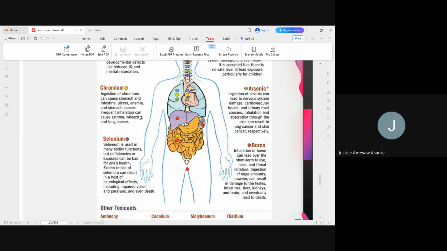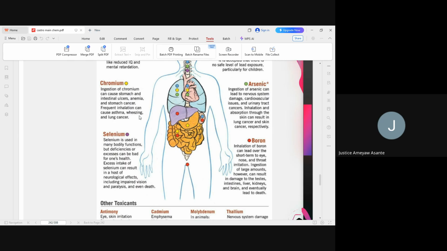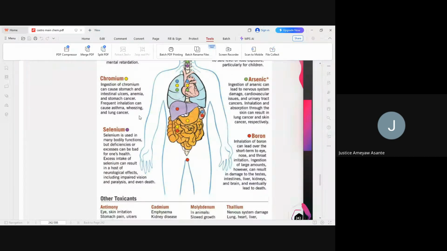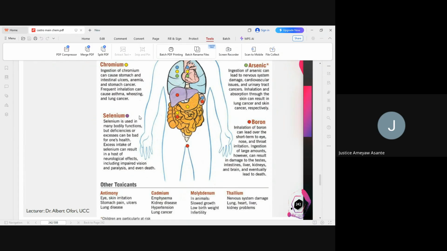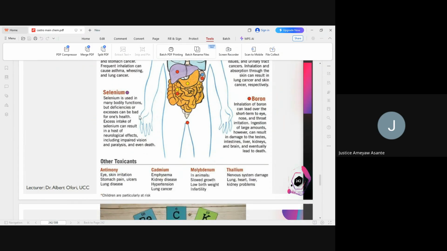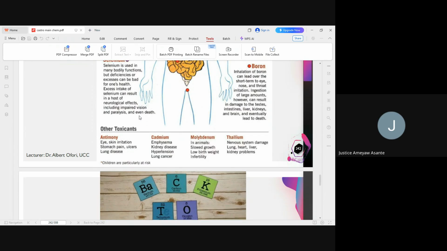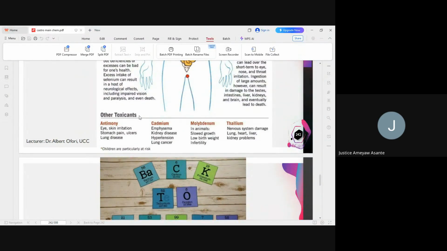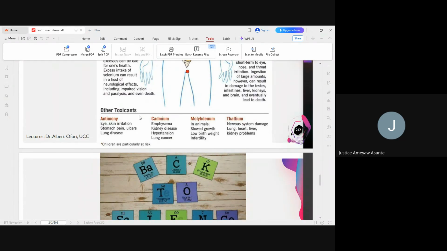Ingestion of large amounts can result in damage to the testes, intestines, liver, kidney, brain, and eventually lead to death. Other toxicants include antimony, cadmium, molybdenum, and thallium.